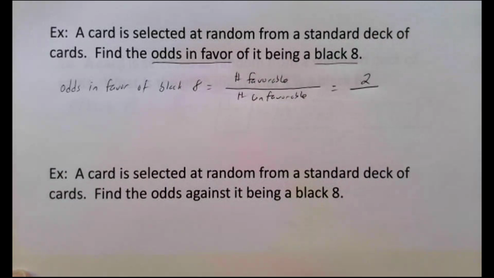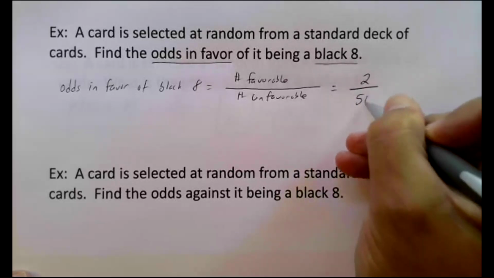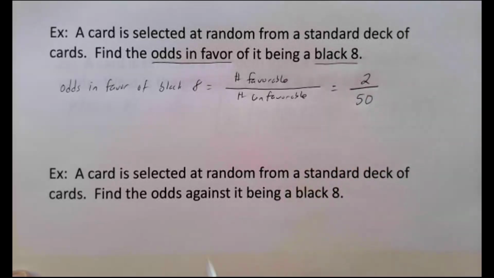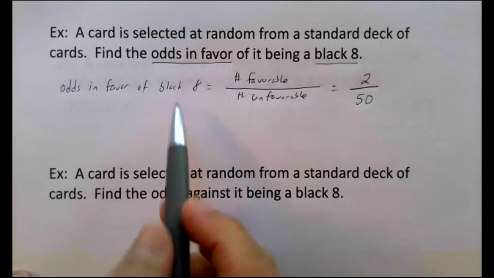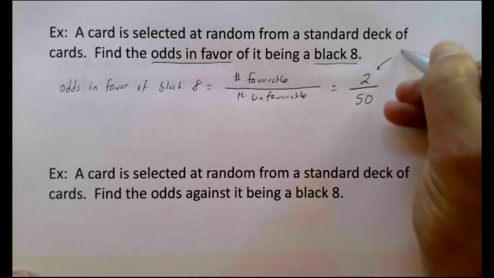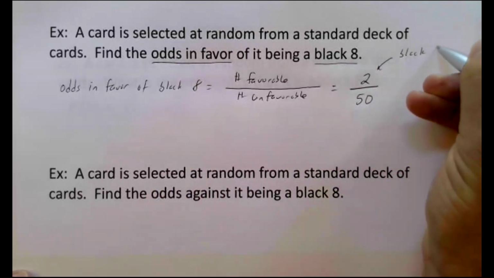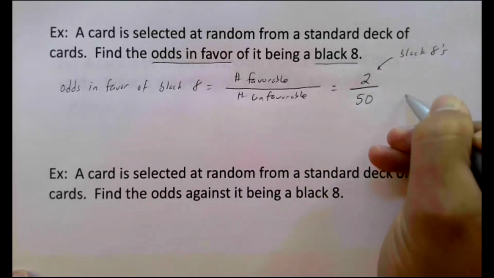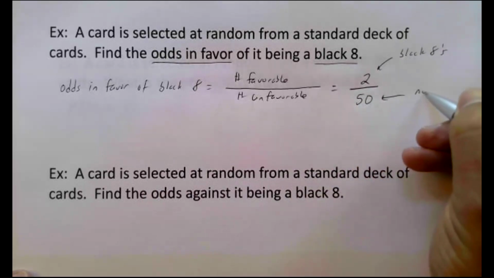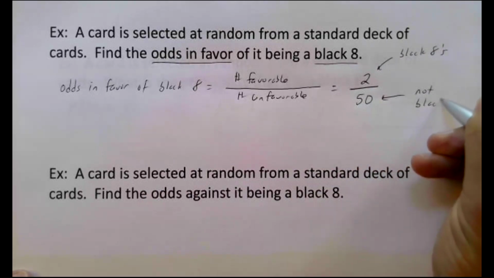In the bottom, I'm not going to put the total cards in the deck. I'm putting how many cards in the deck are not black 8s. There are 50 cards in the deck that would be considered unfavorable because they are not that. There are 2 black 8s. There are 50 in the deck that are not black 8s.